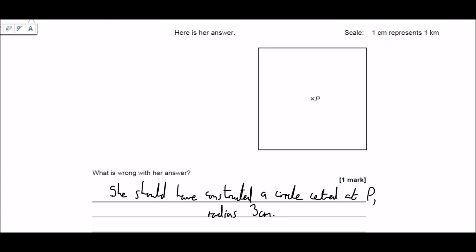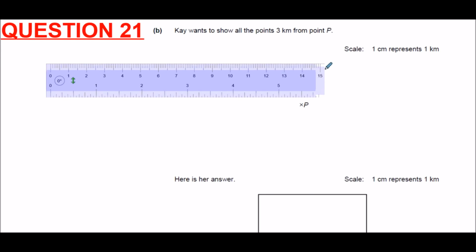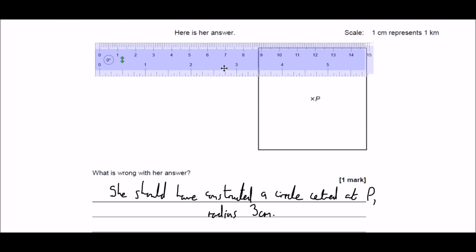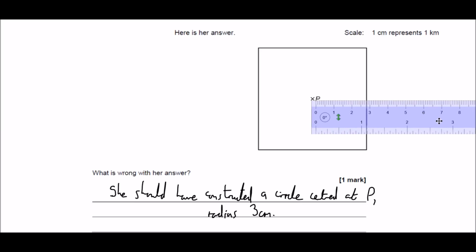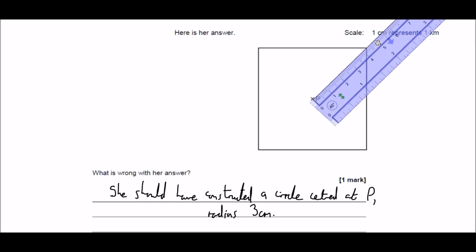So we can actually see this now. If I were to get a ruler, what she wants is to show the location of all points 3 kilometers from P. So if we get the ruler and move it here, we can see that that side is 3 centimeters from P, and if each centimetre is 1 kilometre, that's fine. But the corners are much further away.